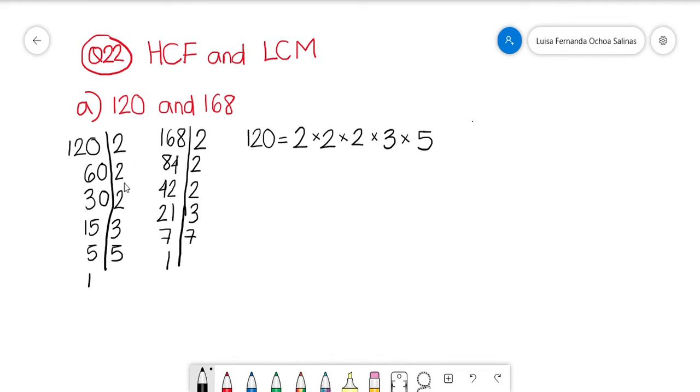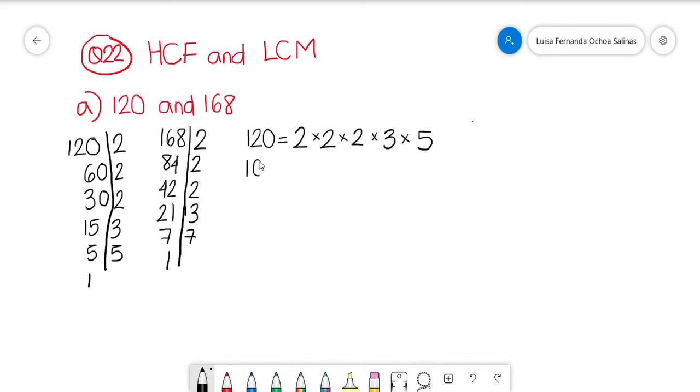Wonderful. Now I'm going to list 168, and at the same time I'm going to put underneath the ones that are common. For example, if I find another 2, I'll put it underneath here. But I know that 7 is going to appear, so I'm going to put that 7 at the end. So let's look at it.